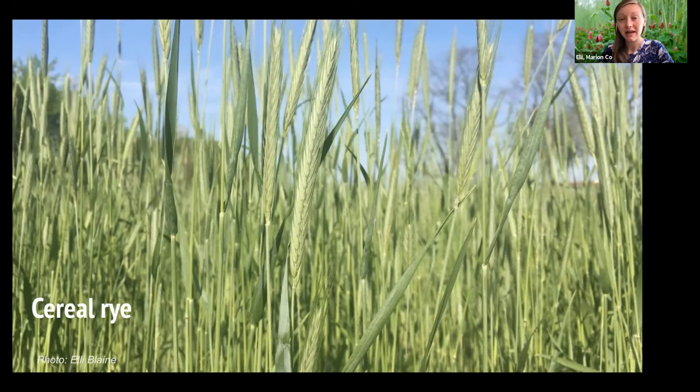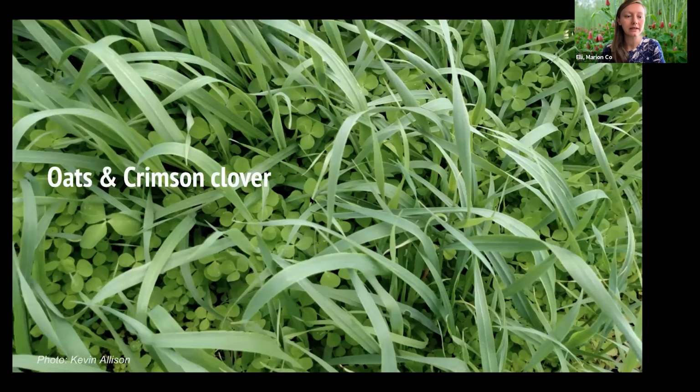It puts down really deep roots, which help to break up compaction, and that biomass on top can be used kind of like a straw mulch over the course of the growing season.